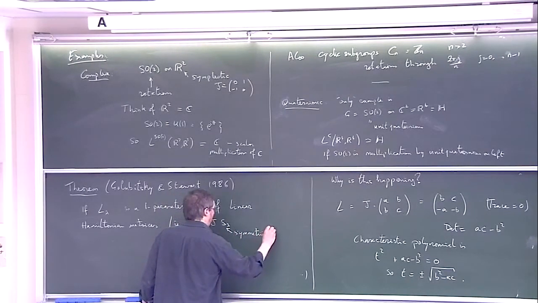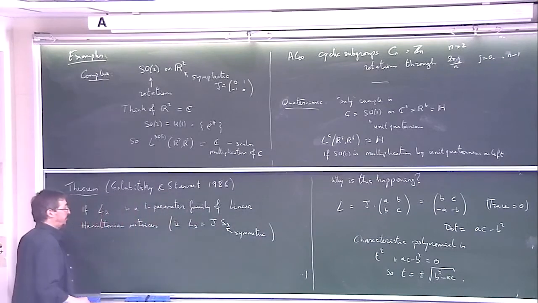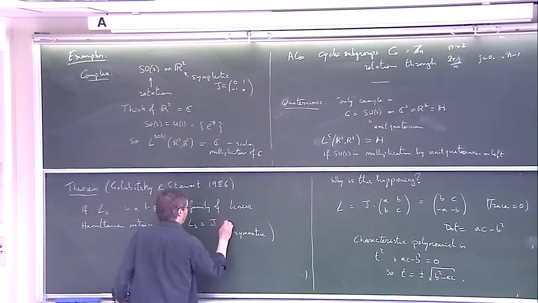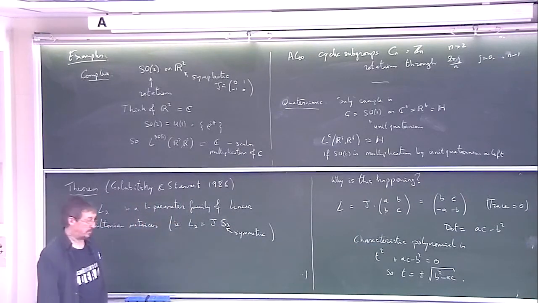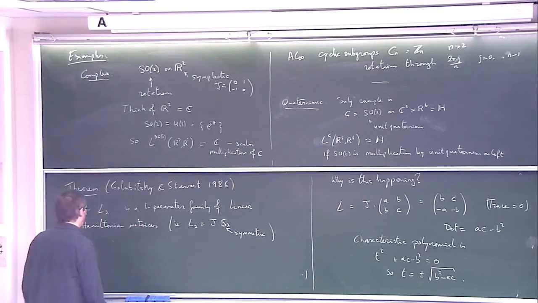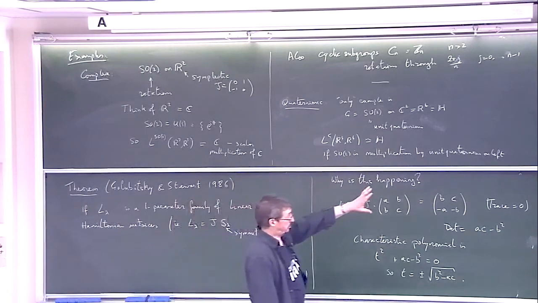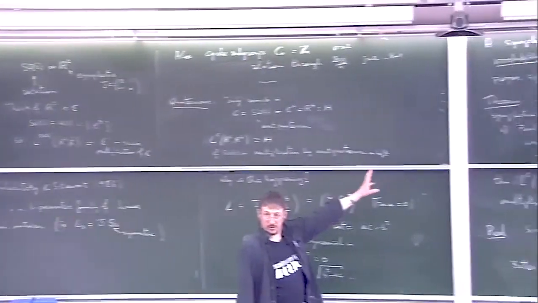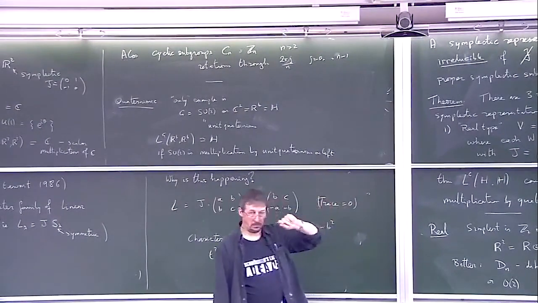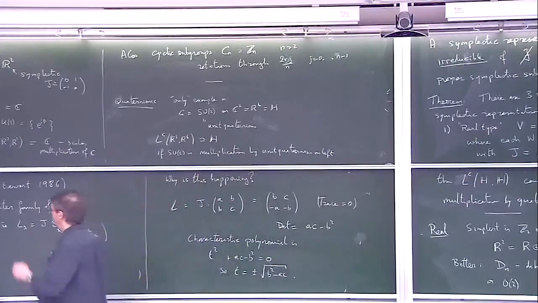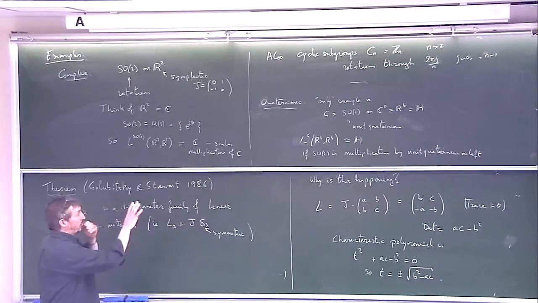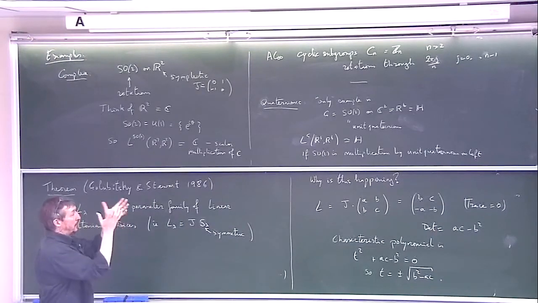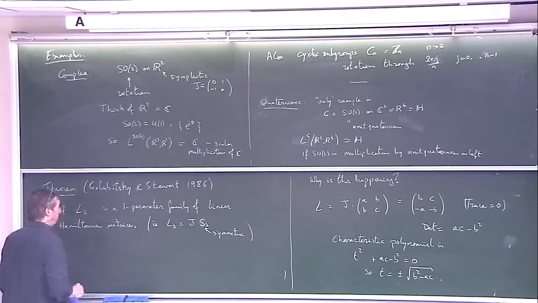So J L lambda is J times S lambda. So S lambda is a one-parameter family of symmetric matrices. So we want to repeat what I was saying about bifurcations in the plane, where we had that picture of the cone. So what's the relevant one?